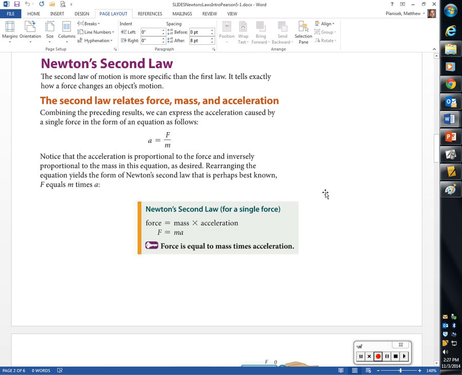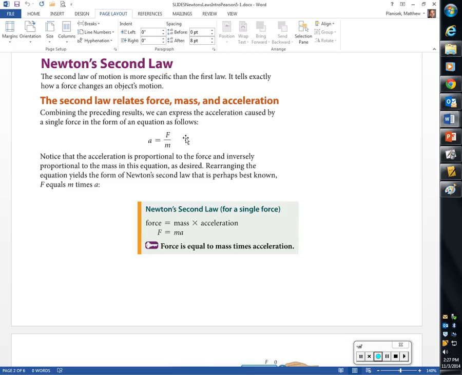Those two relationships come together in this fraction: a equals F divided by m, where acceleration is equal to force over mass. That summarizes the direct relationship between force and acceleration, and the inverse relationship between mass and acceleration.